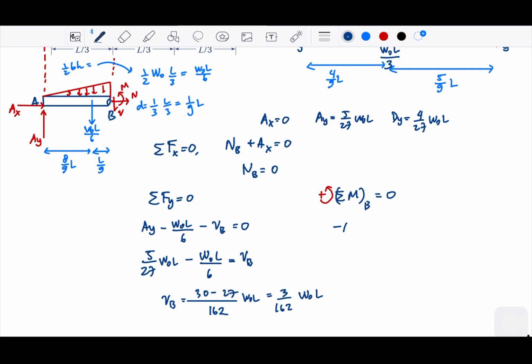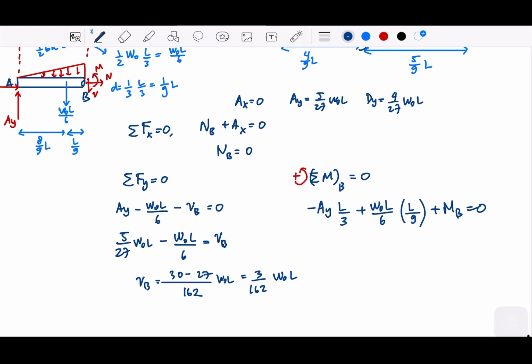So minus Ay L over 3, and then plus this multiplied with L over 9, and then plus MB equal to 0.